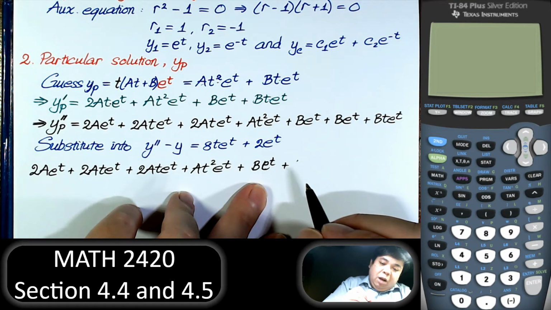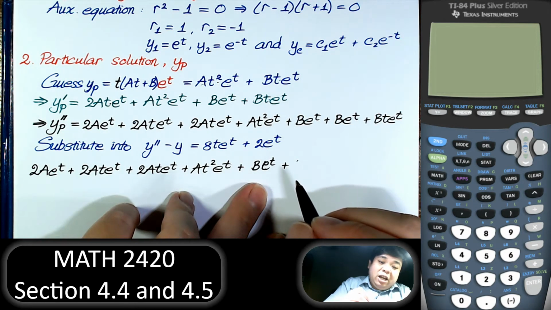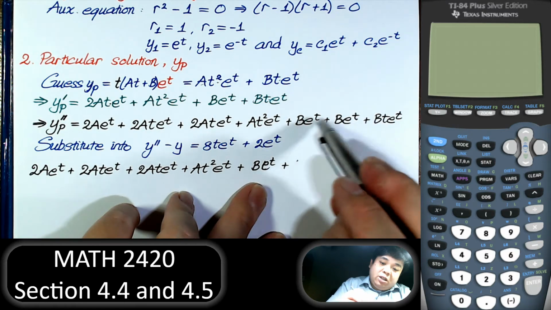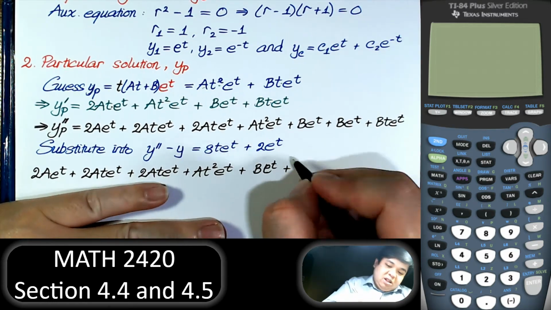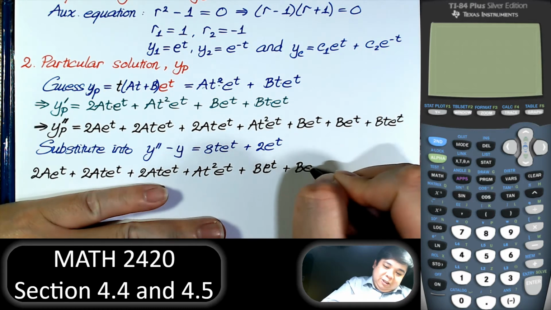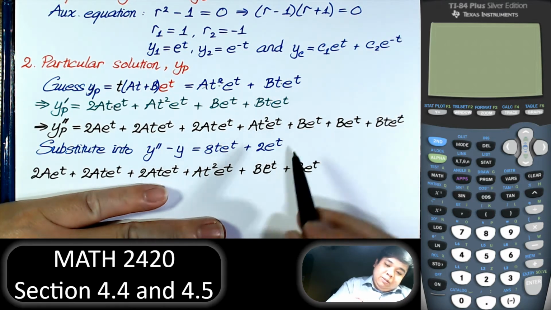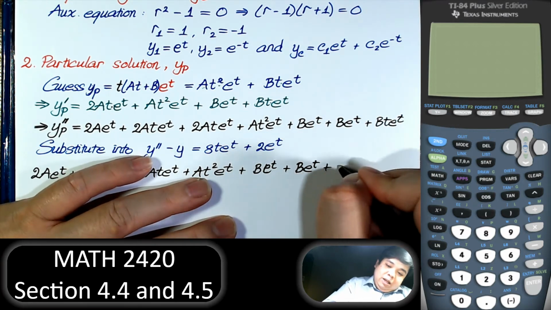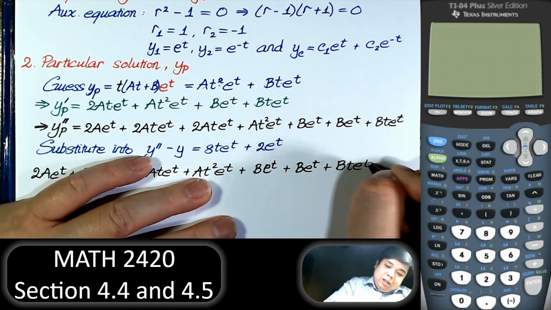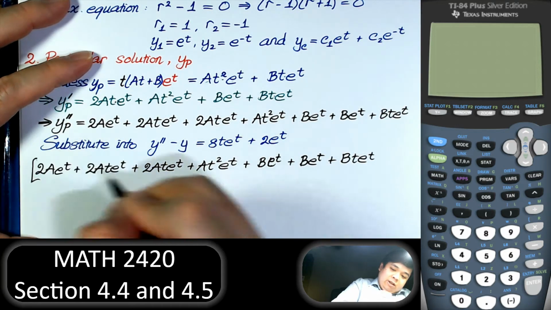Well, I did say combine like terms later, but it looks obvious that those two terms are the same, but just for now, there are two of those, and then bt e to the t. So that is the second derivative.